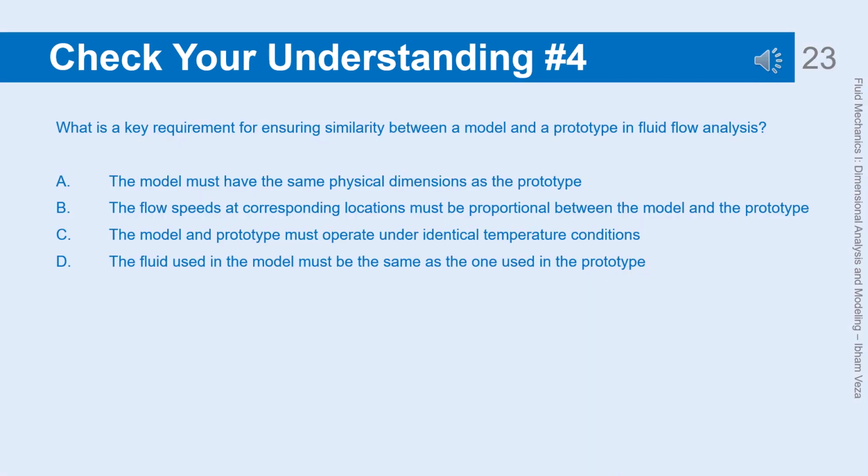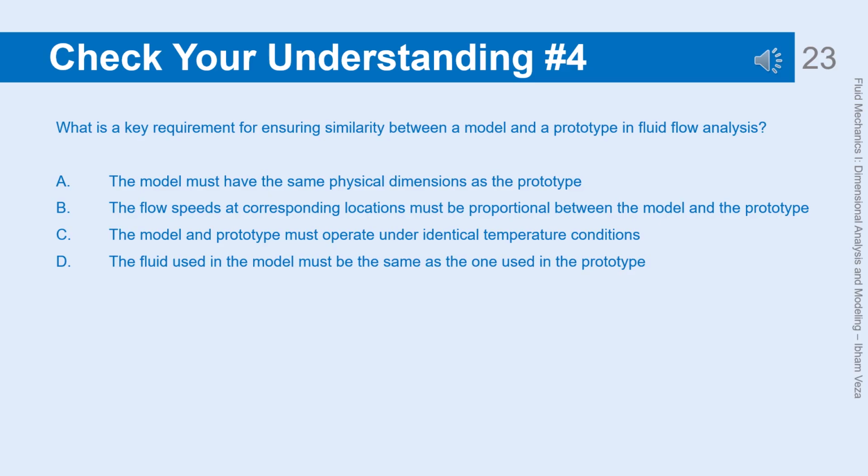Check your understanding number 4. What is a key requirement for ensuring similarity between a model and a prototype in fluid flow analysis? B. The flow speeds at corresponding locations must be proportional between the model and the prototype. Explanation. A is incorrect because the model and prototype do not need identical dimensions.